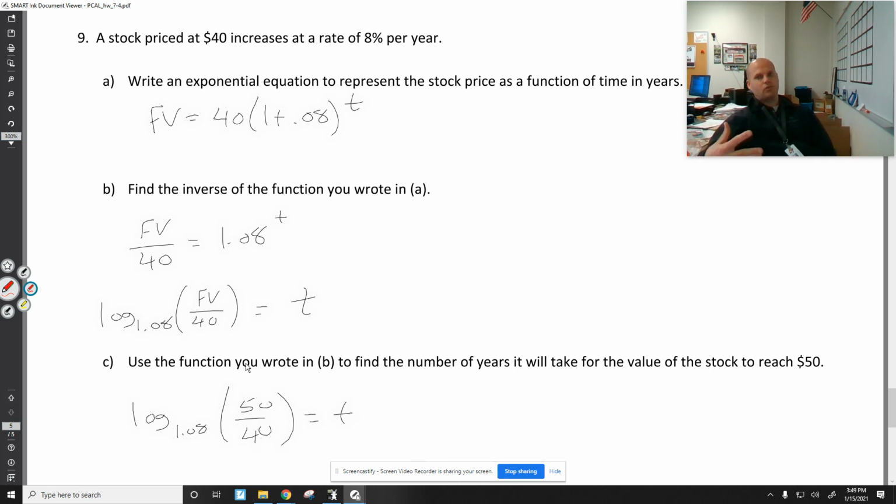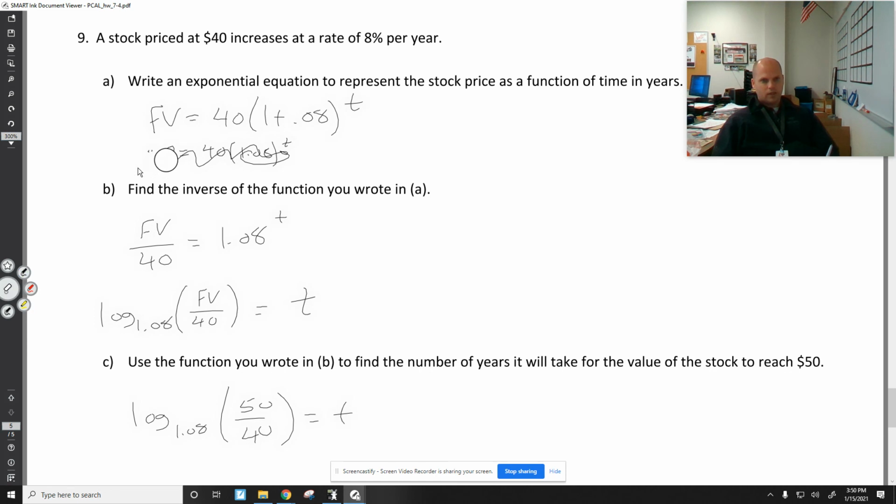It's very important in computer science too, to have an equation set up so that it's solved for the variable. That way you can plug in a lot of numbers and it just spouts it out rather than solving every single time. But in math, we love solving equations, so you don't have to have it. It's the same as solving this equation. You divide by 40, take the log base 1.08.